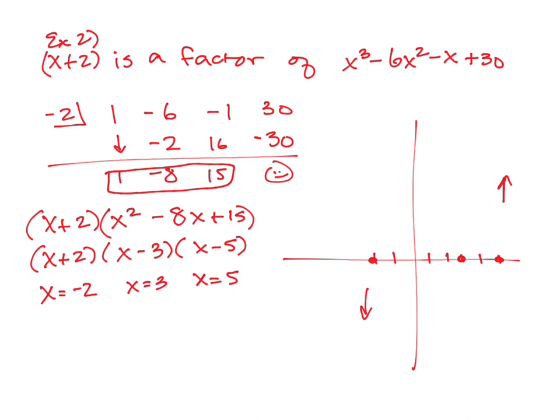What's my y-intercept? 30? How do you know? Because if you plug in, f of 0 is 30. Y-intercept. I'm just going to count by tens here. 10, 20, 30. That'll work for me.